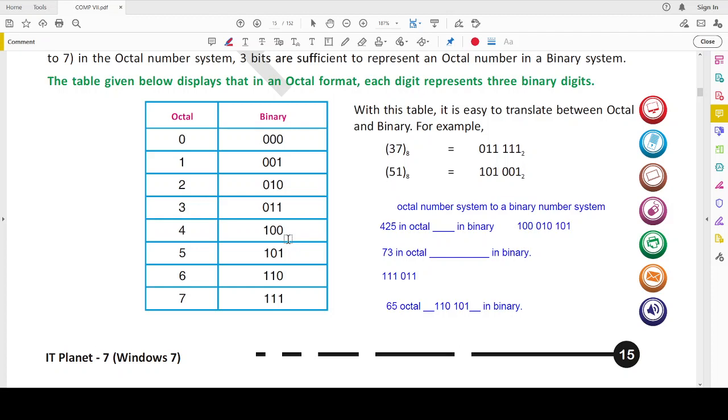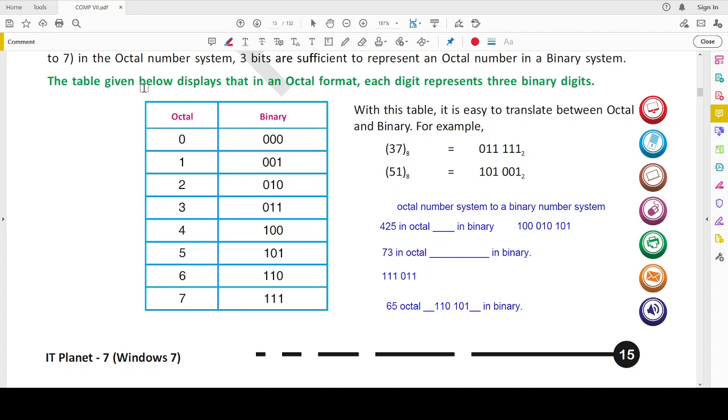Okay. Now it's time to see how binary can be made into triplets and converted to the corresponding octal number. With the table given below, each digit represents 3 binary digits.